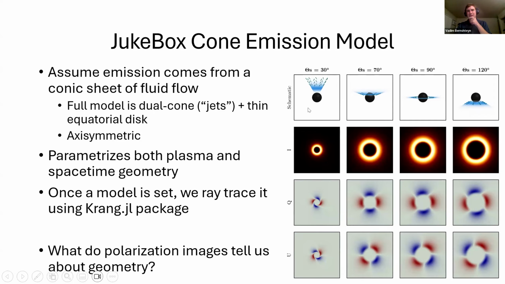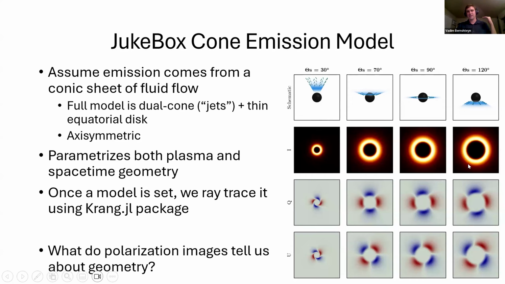As you can see here on the right, it's an example of 4 different models with 4 different cone opening angles. And once we set all of the parameters of the model, we ray trace them using the Krang-Julia package. And the nice thing about Krang is that it allows us to ray trace different subrings of the image separately. So here on the right, I ray traced the n equals 0 ring.